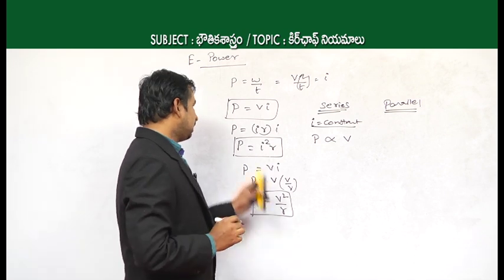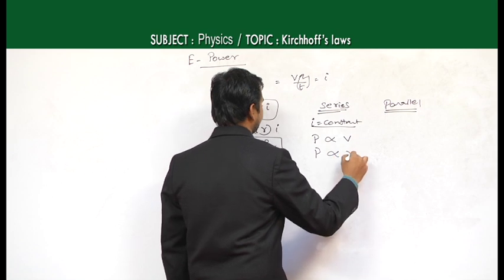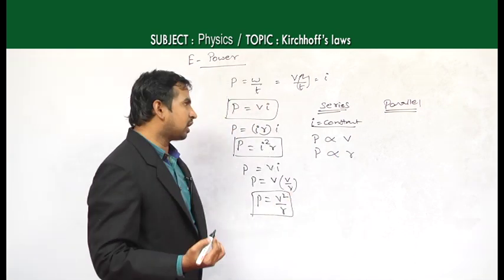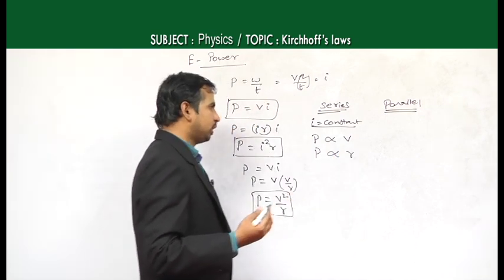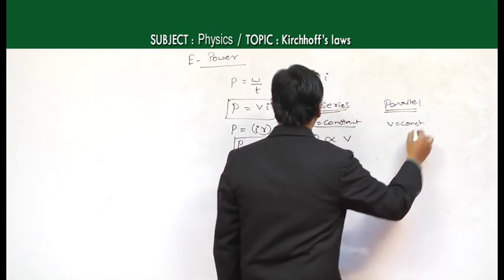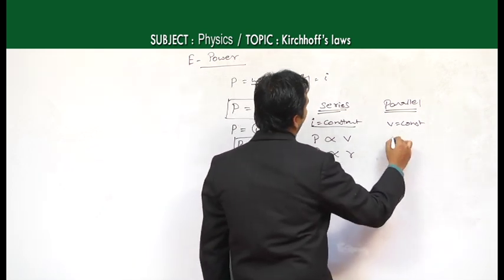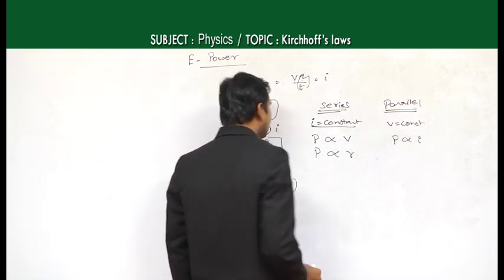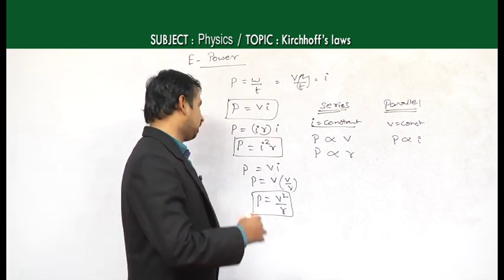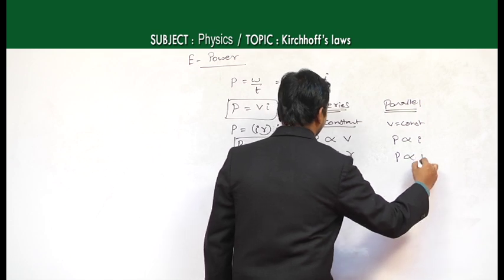And not only that, the power is directly proportional to the resistance. Okay. And in the case of the parallel connection, as the voltage remains constant, the power is directly proportional to how much current is drawn. And in the second case, it is inversely proportional to the resistance.